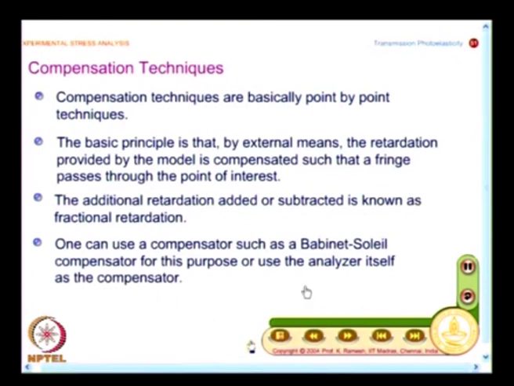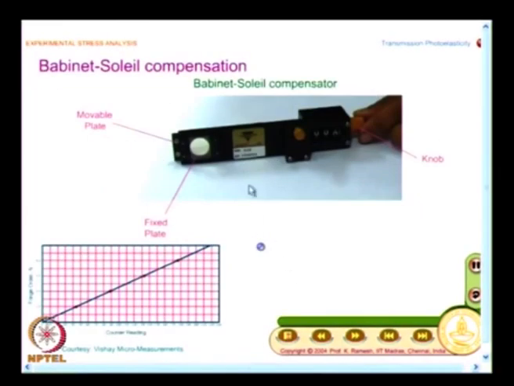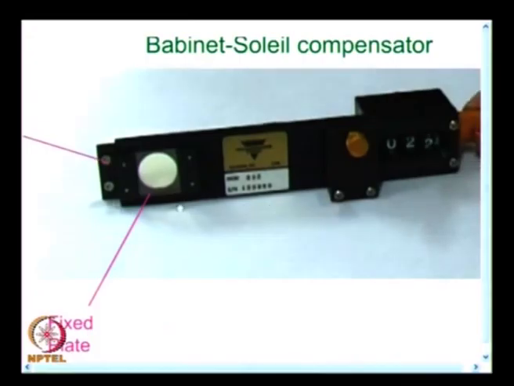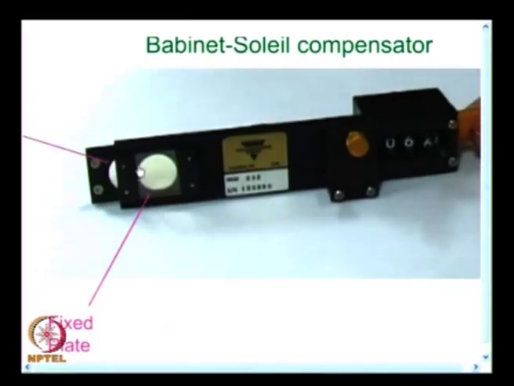And you have ready made equipments available for Babinet's-Soleil compensation, and you can see here I have a window and I have another plate that is coming out. So, I have a fixed plate and I have another plate which moves, and you can also see that there is a counter. So, this is a commercially available Babinet's-Soleil compensator.